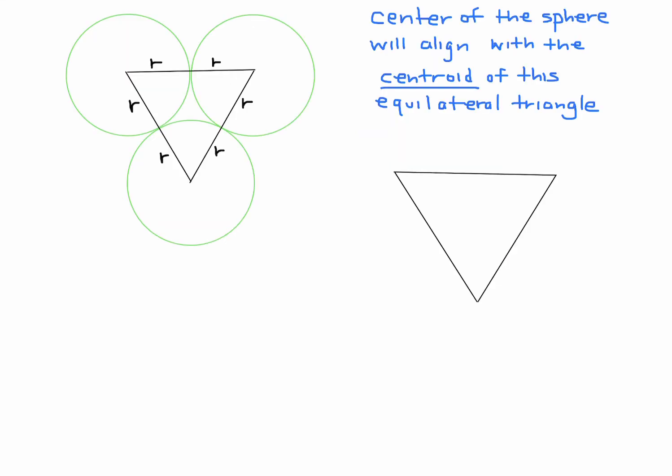So here is our equilateral triangle, and the first thing I'm going to do is draw lines from the vertex to the opposite sides, like that. And the centroid is this point right here, that one that I just drew the red dot. And we have to figure out the length of this segment from the vertex to the centroid. So how do we do that?